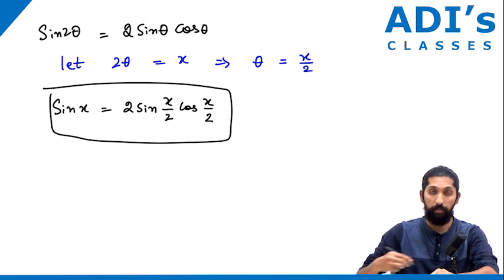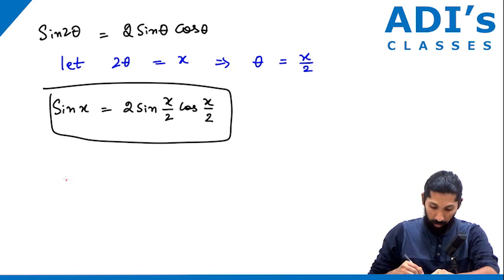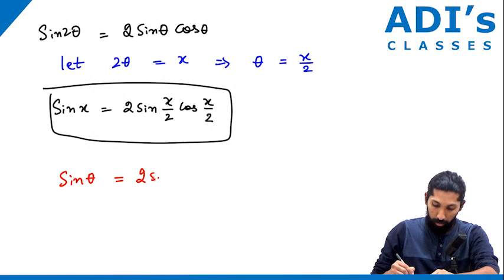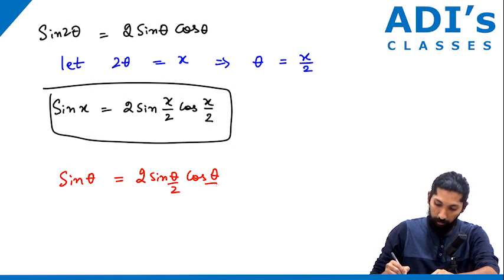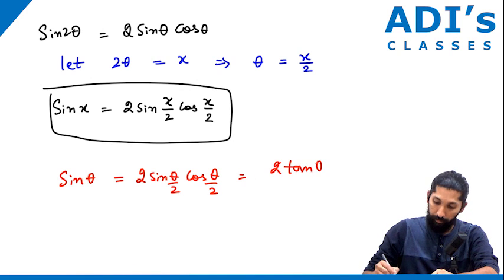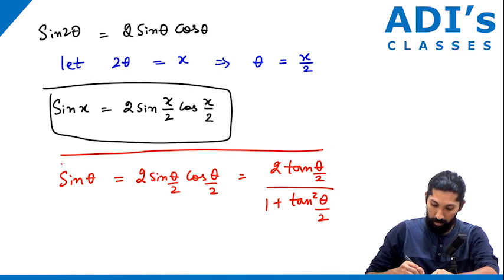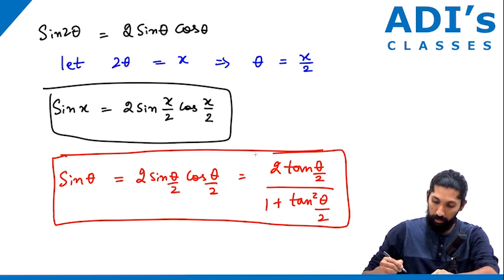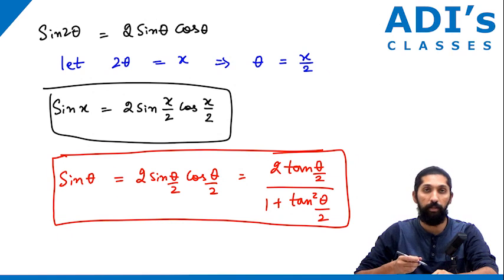In the sense here, sin x, or in general sin theta, can be written as 2 sin theta by 2 cos theta by 2, or 2 tan theta by 2 by 1 plus tan square theta by 2. See, this is one of the submultiple angles.